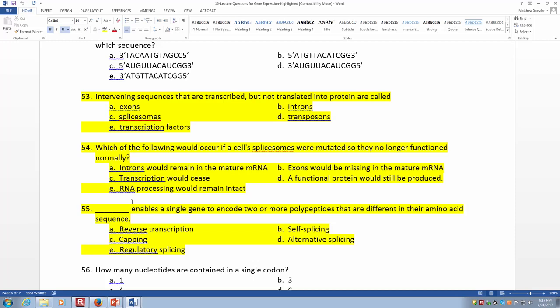Right, B, the introns. So remember, the introns, when we define them, are the non-coding regions that interrupt the coding regions, which are called exons.